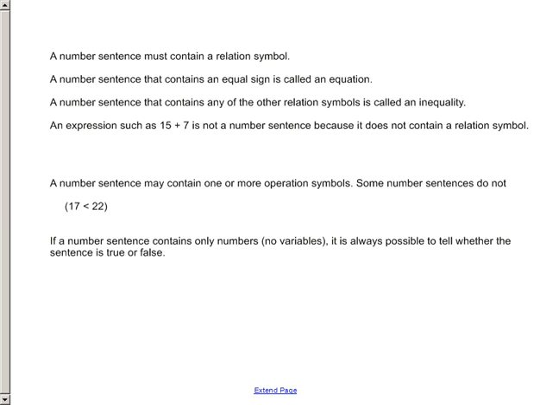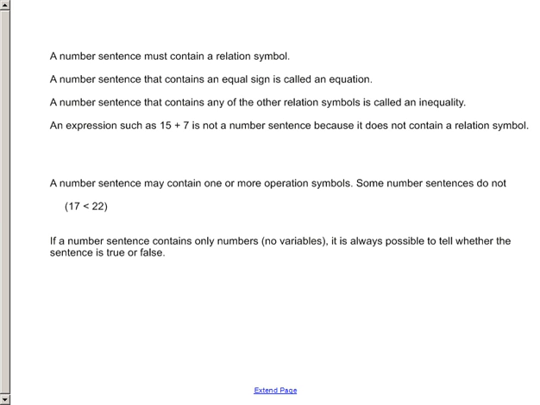If we had an expression like 15 plus 7, that would not be a number sentence because there is no relation symbol. It's just the numbers, but there is no symbol such as equal to, not equal to, greater than, less than. So that is not a number sentence, it's just an expression, because again, a number sentence must have a relation symbol. A number sentence can have one or more operation symbols.